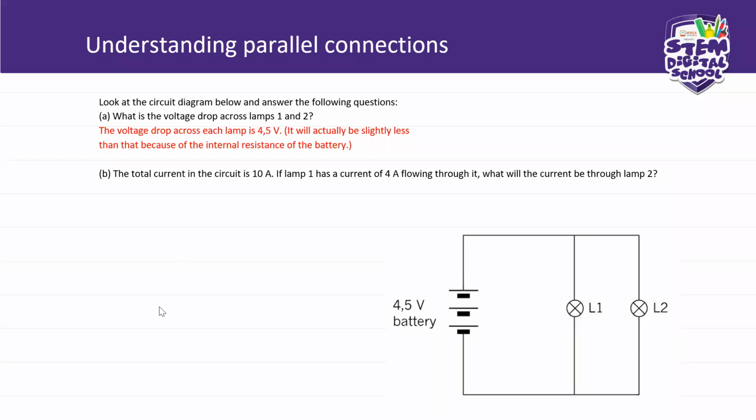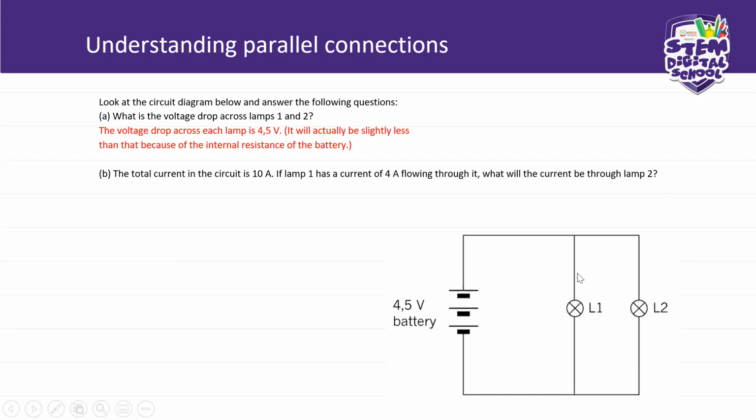Remember, okay, we will go to Ohm's law, where you will see the relationship between current, voltage, and resistance. Okay, don't worry a lot about resistance for now. We just know that output components, they offer resistance in a circuit. But let us look at the voltage drop in these lamps.